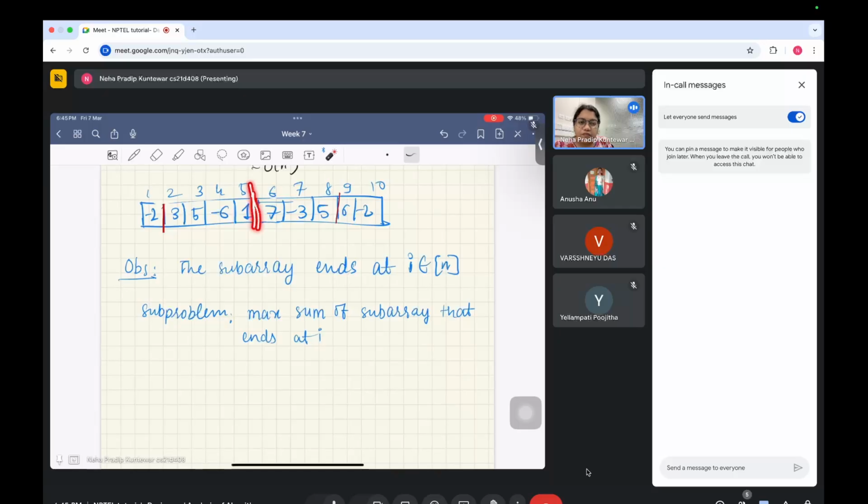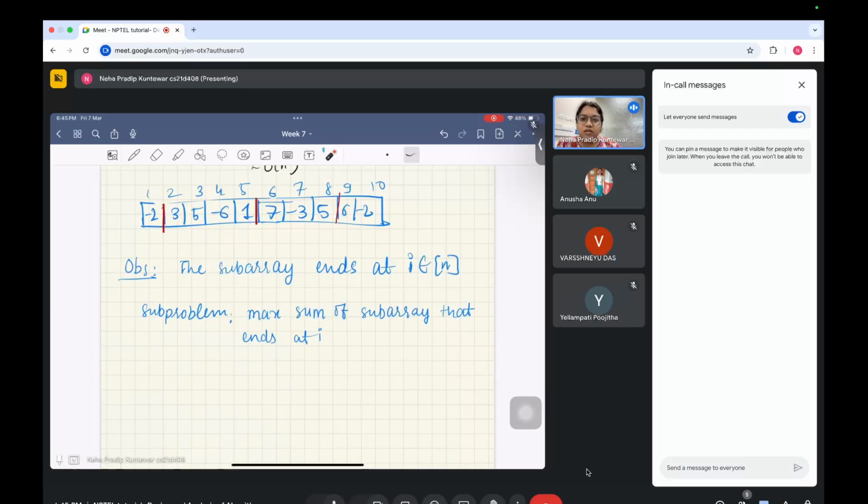So let's say my I is 5. It could start at 1, it could start anywhere here. I don't care where it started. I'm just going to maintain the maximum sum that ends at 5. It may be starting from 2, it may be starting from 1. We don't care about that.